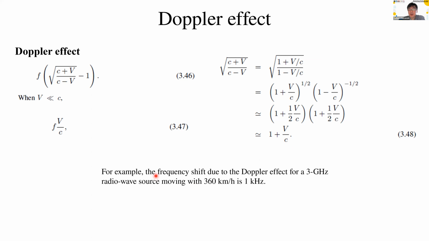For example, the frequency shift due to the Doppler effect for a 3 GHz radio wave source moving at 360 kilometers per hour is 1 kilohertz. This is a typical situation in a high-speed train. If we observe the microwave from the high-speed train, the frequency shift would be 1 kilohertz.